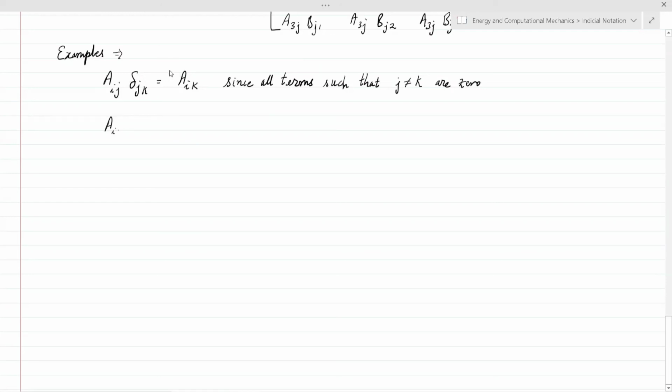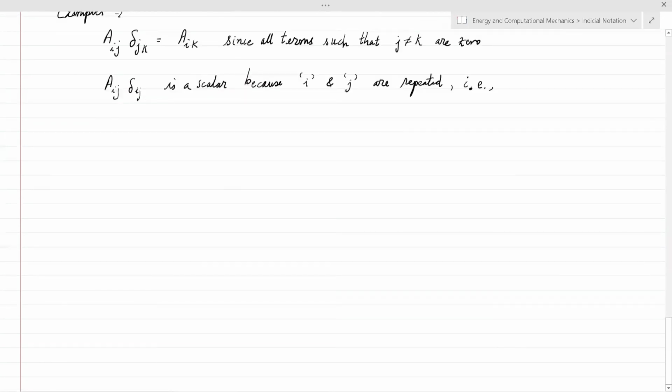You can see it's going to work out really nicely. Why? You can expand it. i and k are free indices, j is repeated, and so you can expand this, and what you'll find is that you'll get a_ik. And in the future, if you don't want to expand it, anytime you have anything multiplied by delta, just cancel j and bring the k over, and that will simplify it very nicely.